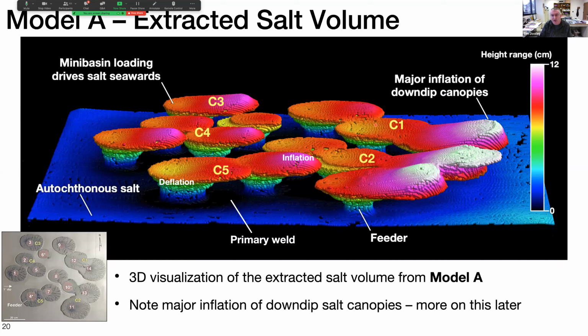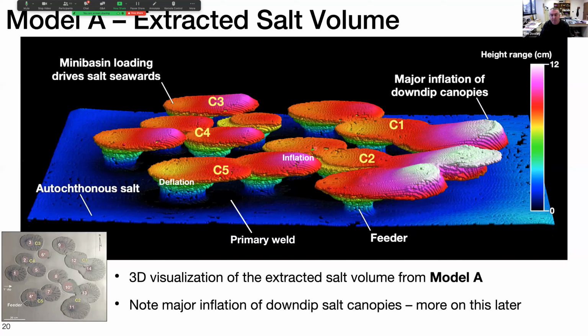Here's our C1 canopy system, C2, and then C3, C4, C5 here. And here we actually have primary wells. You can see in here the feeder systems coming up.